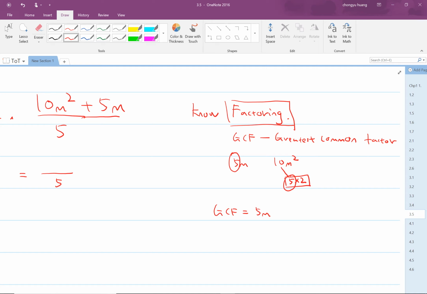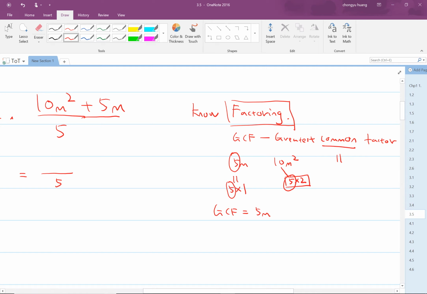It's because 2 isn't common: 5 is equal to 5 multiplied by 1, and 10 is equal to 5 multiplied by 2, so 5 is the greatest number, and common means the number has to be in both of them.